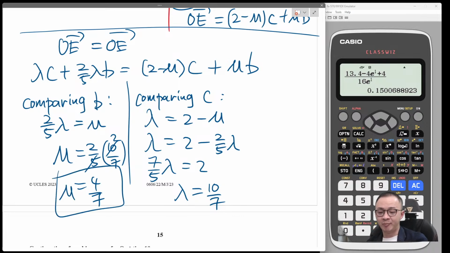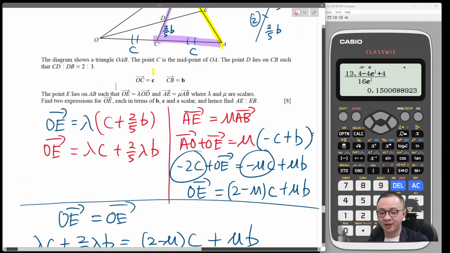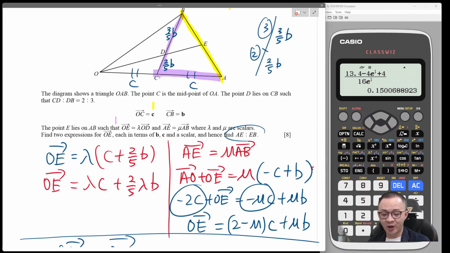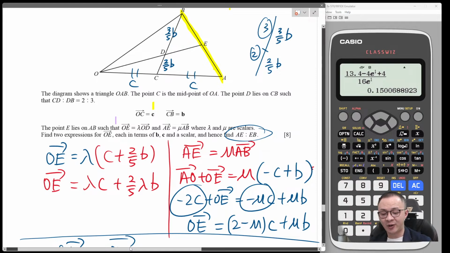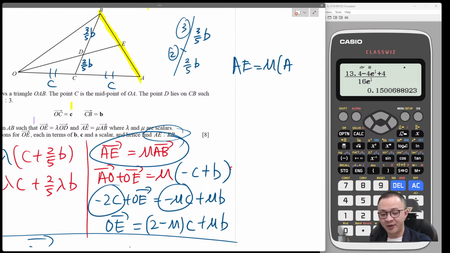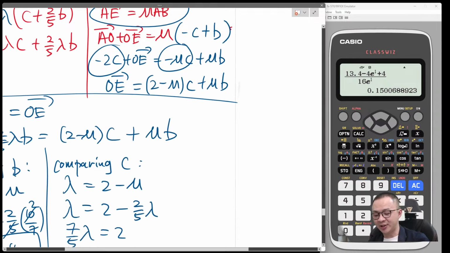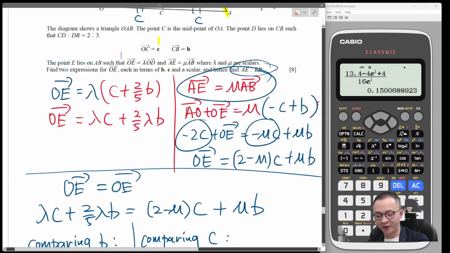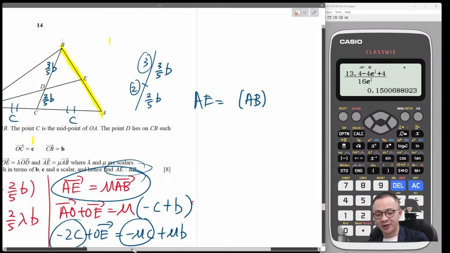Okay, mu is more important here because the ratio is related to the mu, if I'm not mistaken. Because they want AE and EB, right? AE and EB is about this yellow highlighted one, isn't it? So I will use this equation. AE equals mu AB, right? And we just got the mu just now. What's the value again? 4 over 7, right? Okay, sorry, so this is 4 over 7.